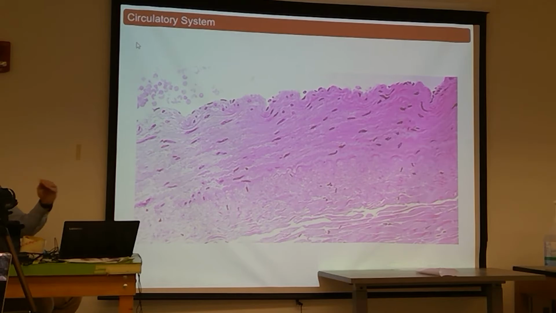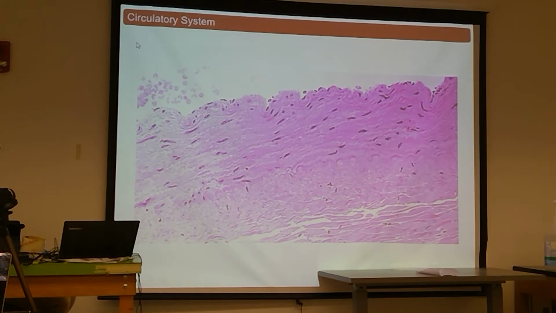And yes, there will be a basement membrane next to it. The darker staining region is that elastic membrane I mentioned, and then you'll have that basement membrane there. What is this structure from there to about here?